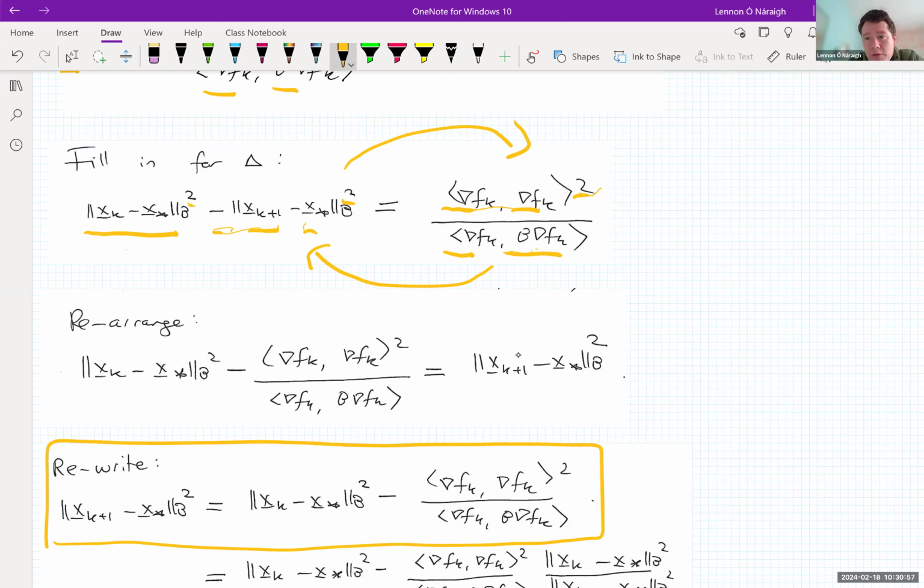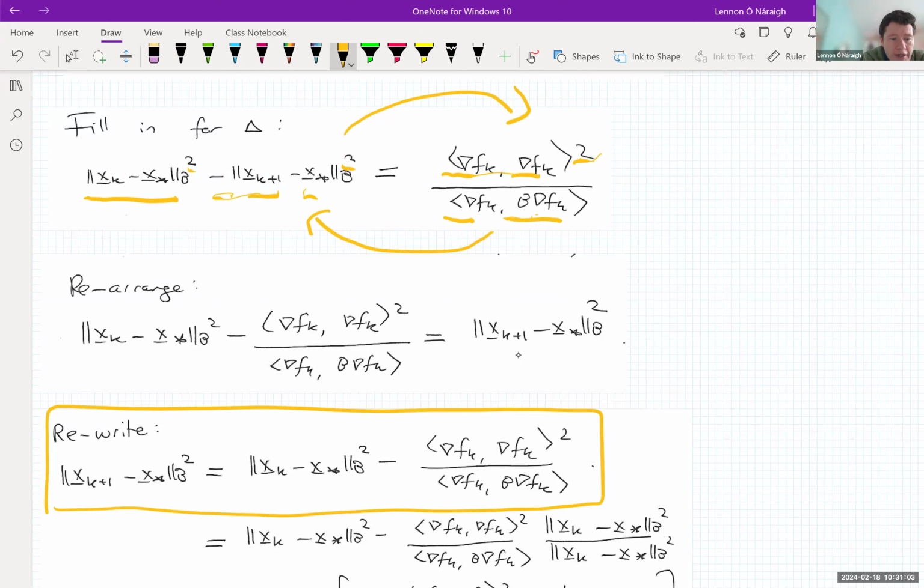I'm really on the home straight now because I now have the B norm of xk plus 1 minus x star squared is equal to the B norm of xk minus x star squared minus a correction.